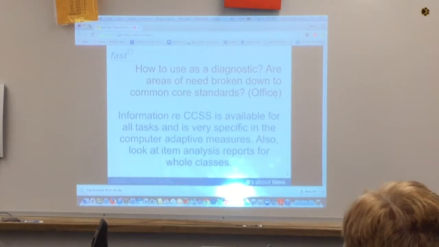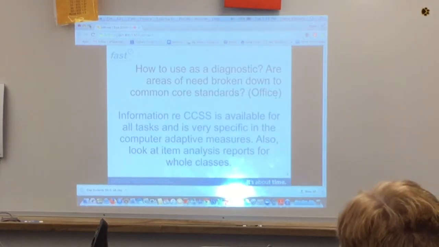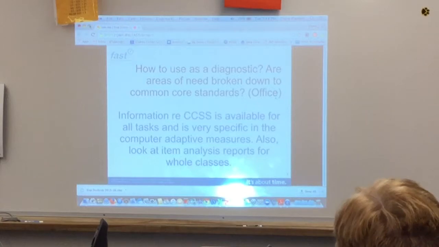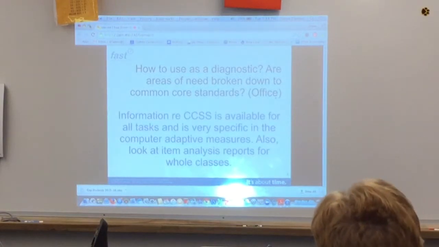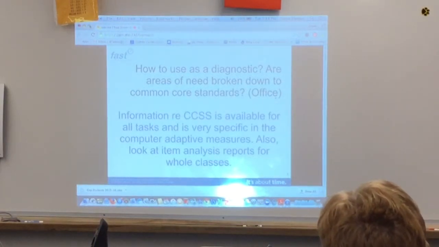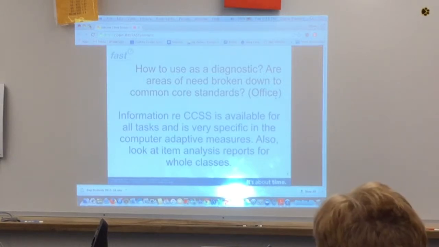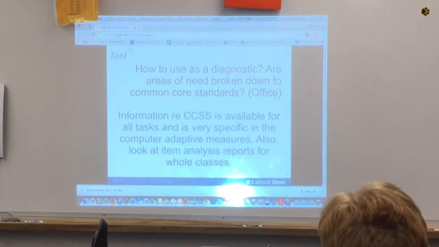And then in terms of breaking things down, there are some reports that we can look at in a minute that really break down items in terms of an item analysis report, whole classes, so you can see across a class what kids know and not know. So am I answering your question, or was there a more specific issue around Common Core standards?